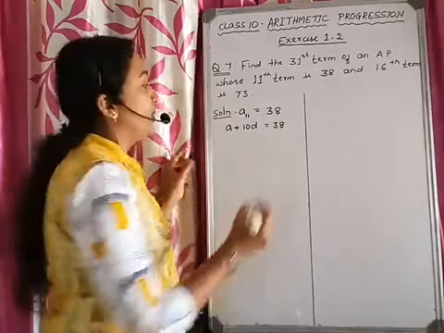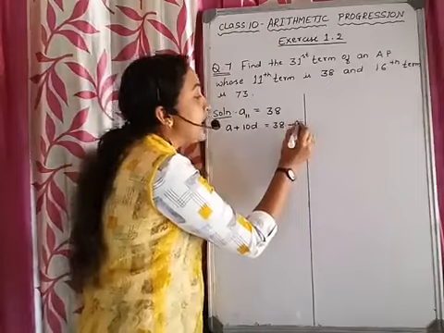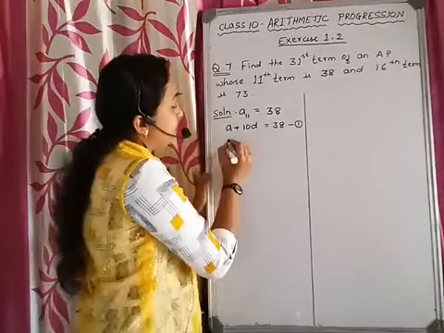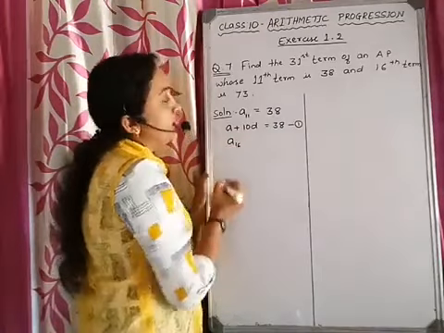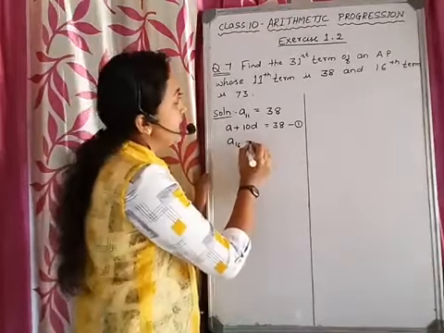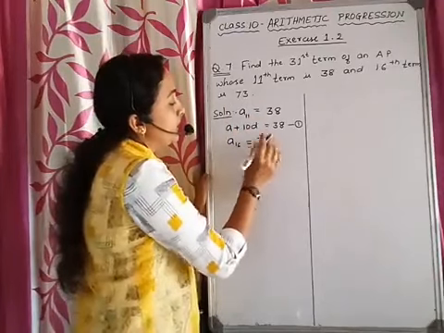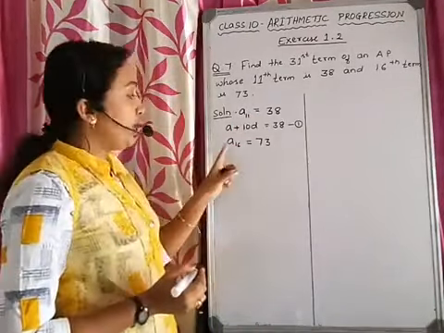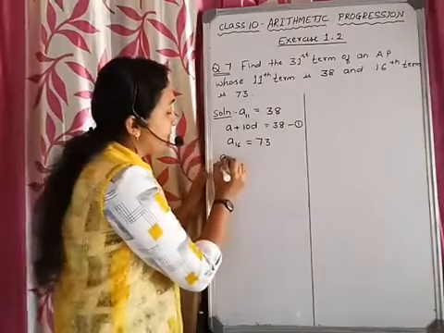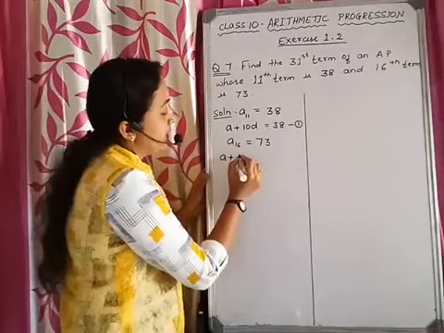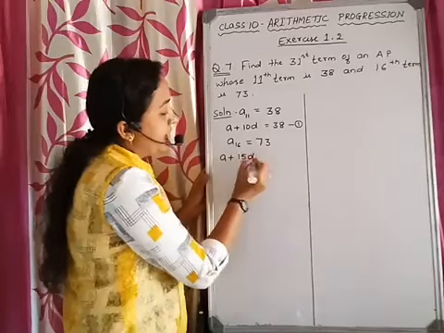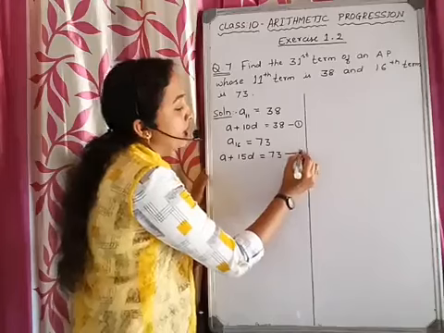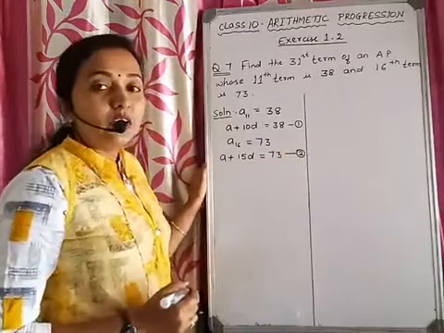Right, children? Okay. Let us consider this as equation 1. In the same way, a16, which is the 16th term, is equal to 73. So the general form of a16 is a plus 15d is equal to 73. Let us call it equation 2.